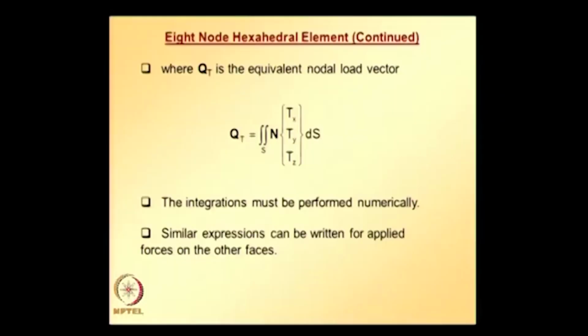So, now let us look at the other element, that is the 20 node isoparametric solid element. Before we proceed, let me summarize.